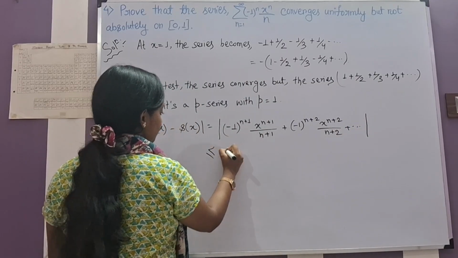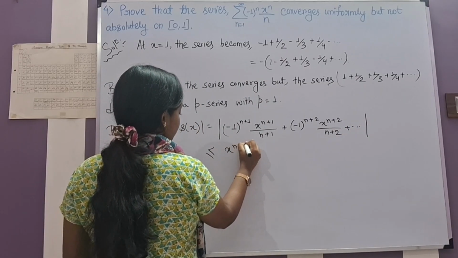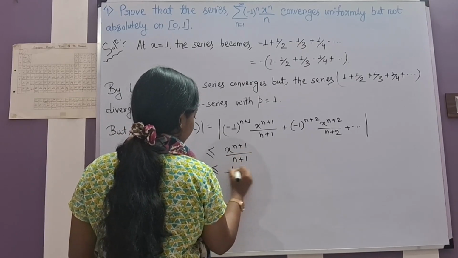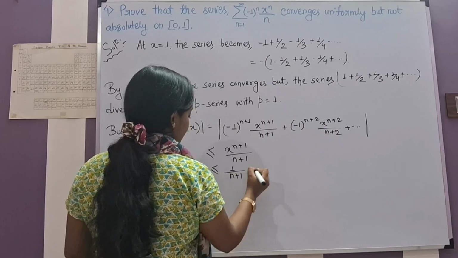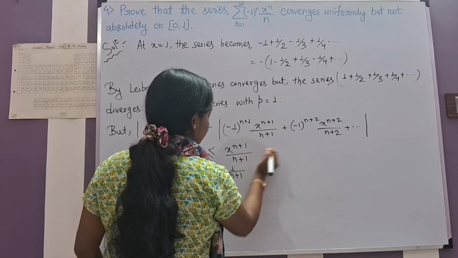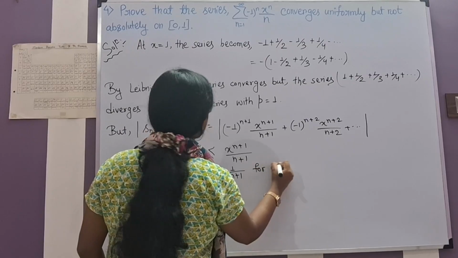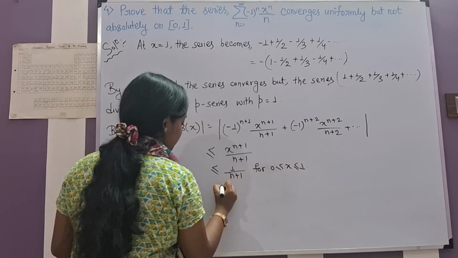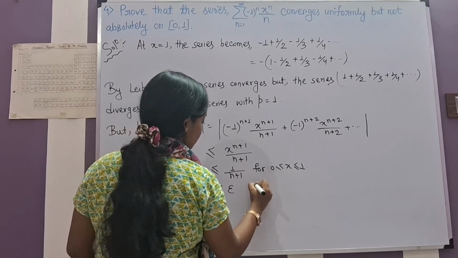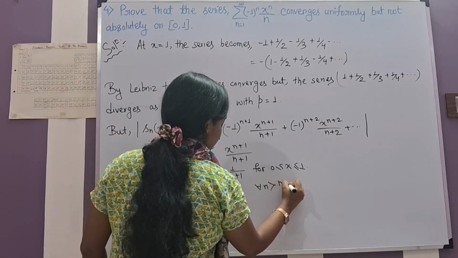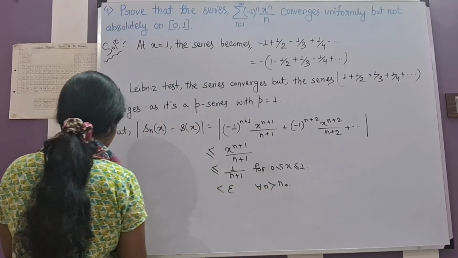This is less or equal to x to the power n plus 1 by n plus 1. This is less or equal to 1 by n plus 1 for 0 less or equal to x less or equal to 1, and this will be less than epsilon for all n greater than n0.